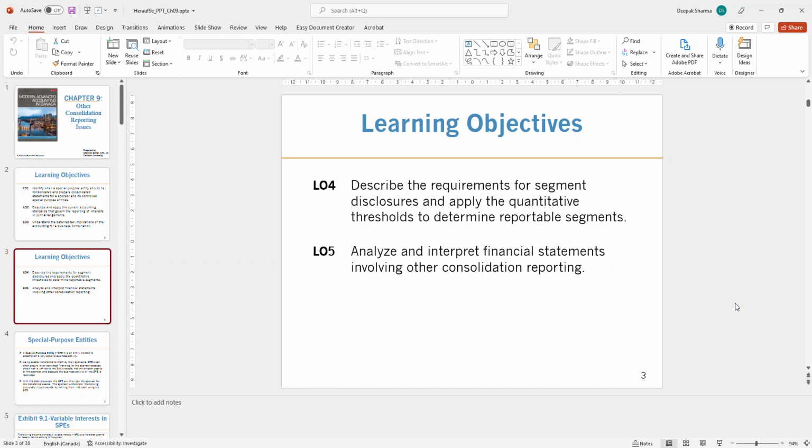We will understand the segmental disclosures in reporting at the time of the financial statements: what the different requirements are, what the minimum is that you are required to disclose, and what criteria you have to meet with regard to the segment disclosures of the financial statements. And then we'll look at analyzing and interpreting financial statements, looking at the consolidated report.